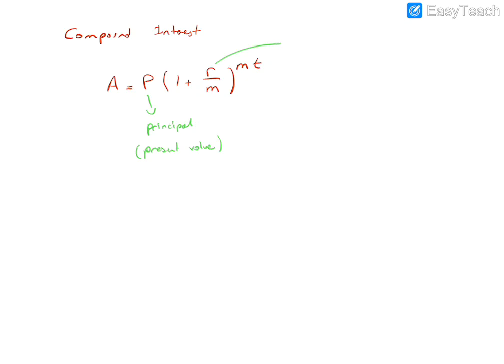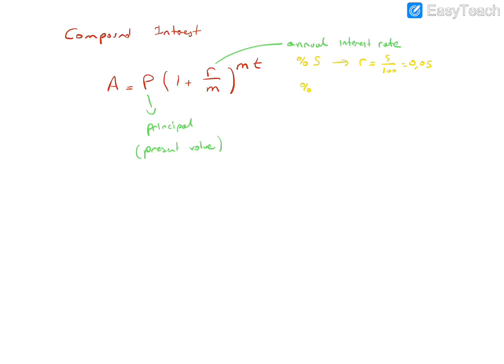at an annual rate r. So r is the annual interest rate. This interest rate has to be expressed as a decimal. What do I mean? For example, if your interest rate is 5%, r is 5/100, which is 0.05.